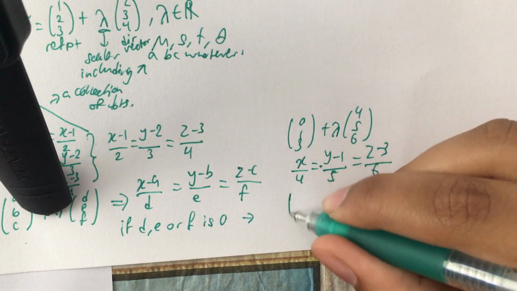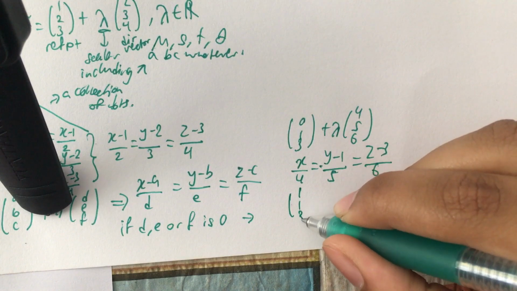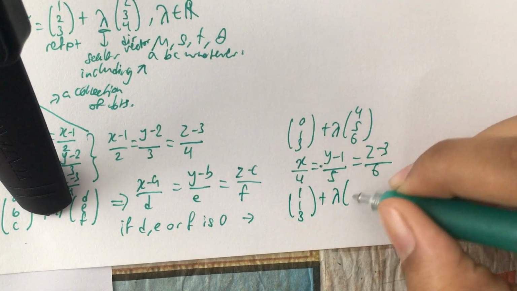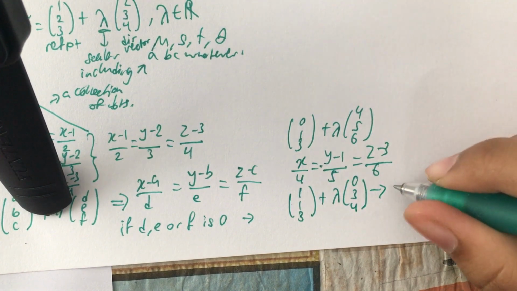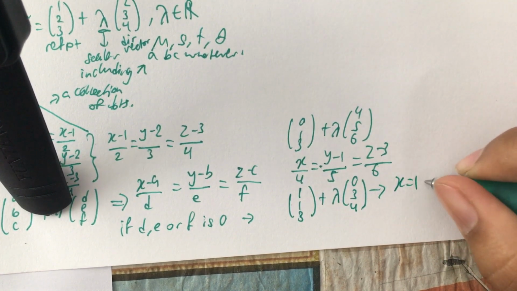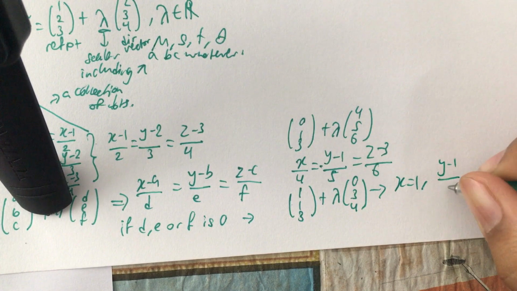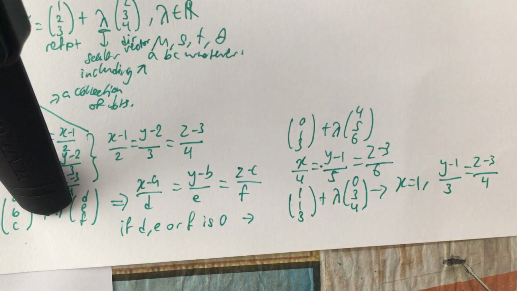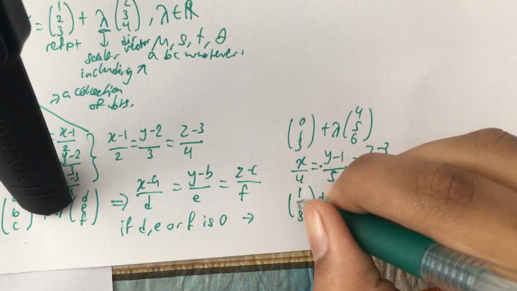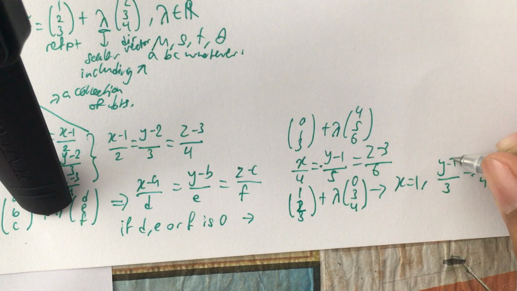But if instead of 2, 3, 4, you have 0, 3, 4, so you still have 1, 2, 3 plus lambda 0, 3, 4, in that scenario you would just put x equals 1 as a separate thing from y minus 2 over 3 equals z minus 3 over 4. So there'll be two equations instead of one.